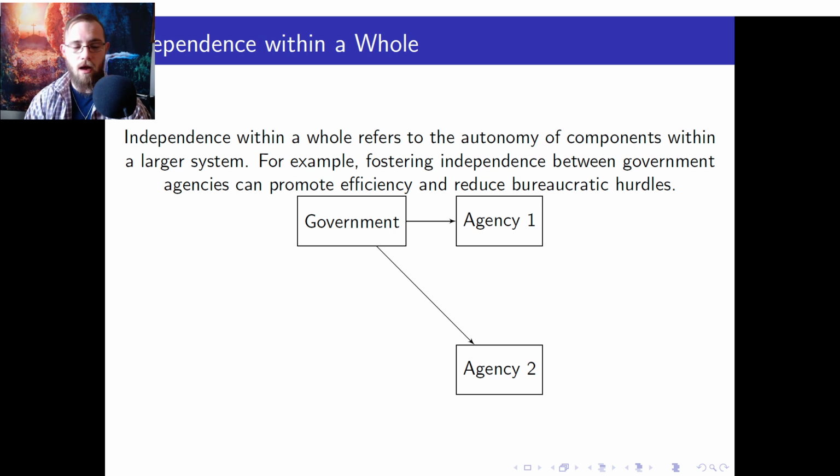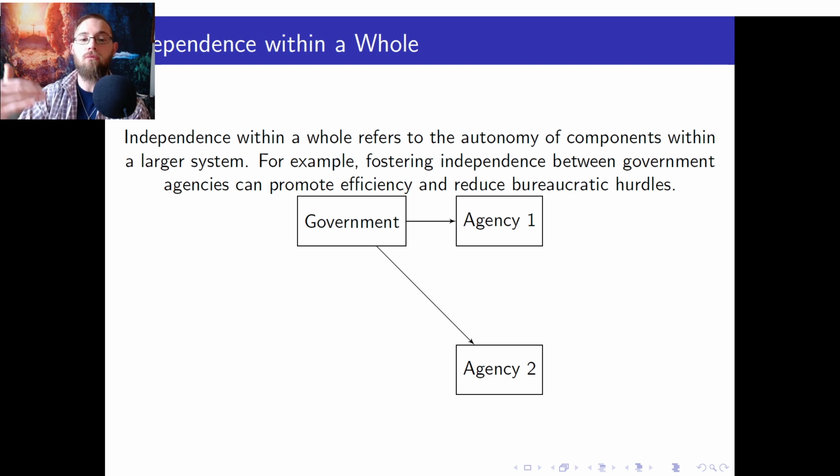within the system. Another way to think about it is, if you can see this, we have government and then we have agency 1 and agency 2. So the legislative body gives up a certain amount of authority to these agencies so that these agencies can do these jobs. So it's not always being controlled by just the legislative body, and it makes it more efficient by having something that's not necessarily the legislative body running it.